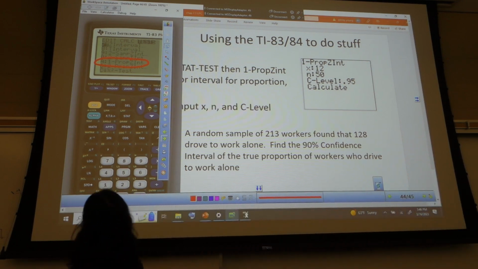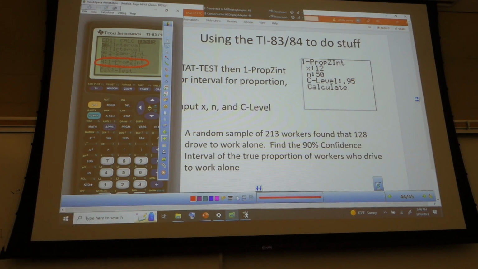Stat, Test, 1-PropZInt. Make sure you do the interval. I'll try it.